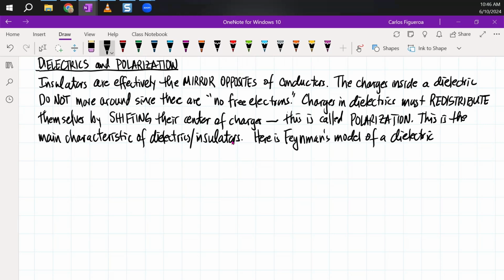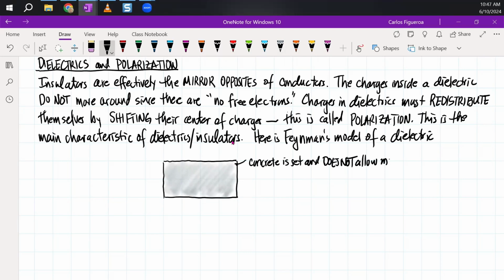The way you want to think about this is that you could imagine that we have concrete. So this whole thing here is concrete. And what we know about concrete is that concrete is set and does not allow movement.